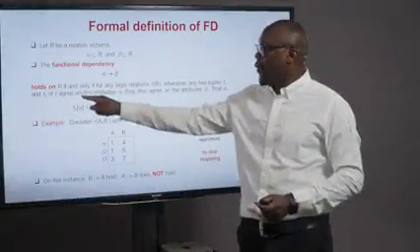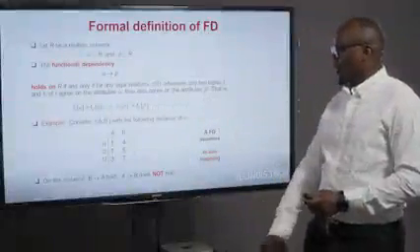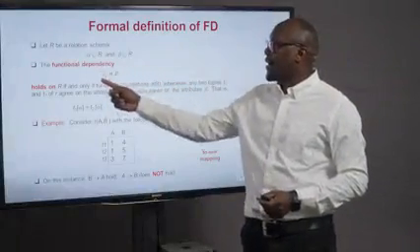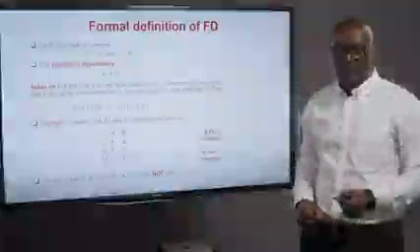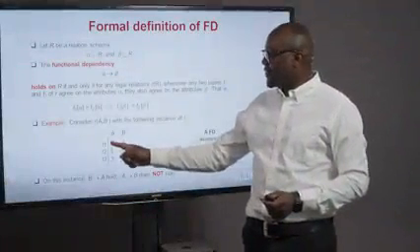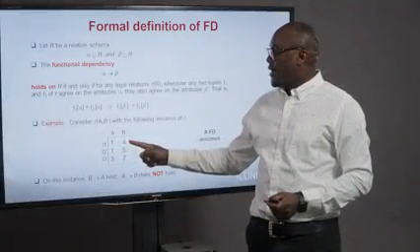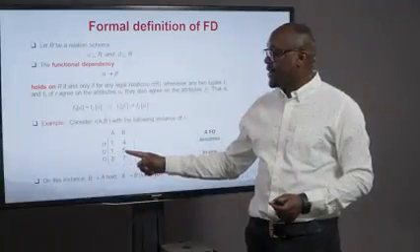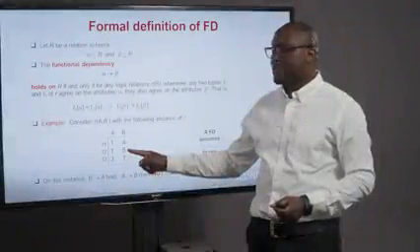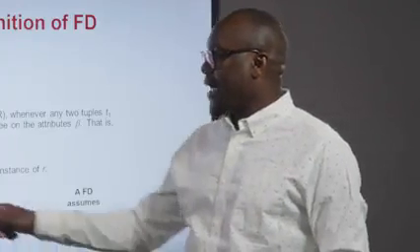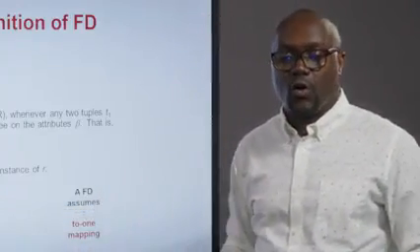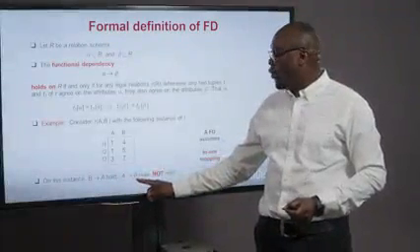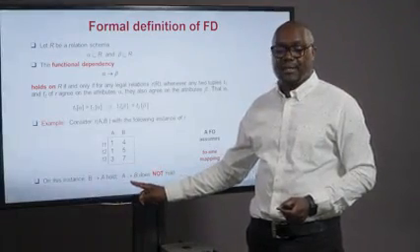If they agree on attribute A, then they should also agree on attribute B, if we want to assume this functional dependency. Do they agree on B? You can see that one has a 4 and one has a 5. This is a disagreement right over here. We can say that A functionally determines B does not hold. And that's why you see it here, that A pointing towards B does not hold.